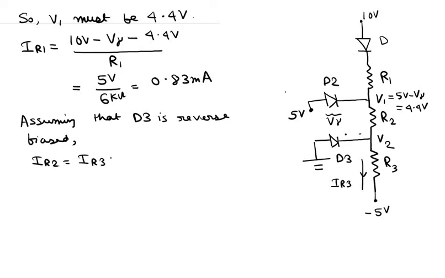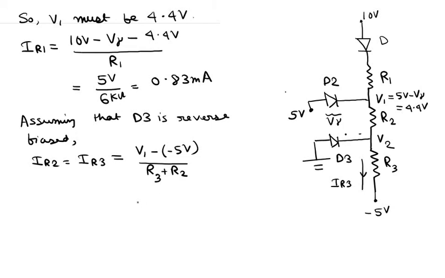If D3 is reverse biased, no current flows through D3, so IR2 is equal to IR3, and this is equal to V1 minus minus 5 volts divided by R2 plus R3. So the voltage at this node V1 minus this minus 5 volts, divided by R2 plus R3.